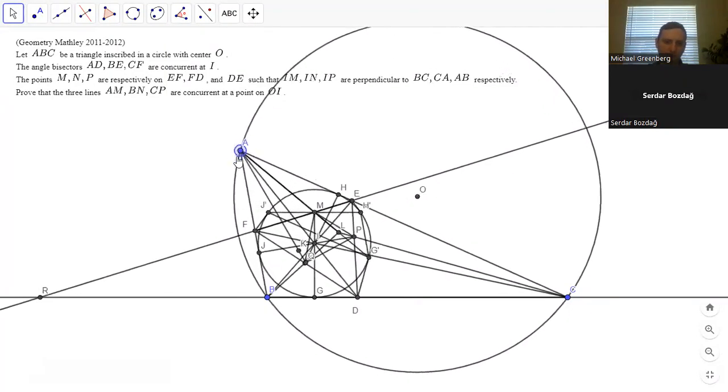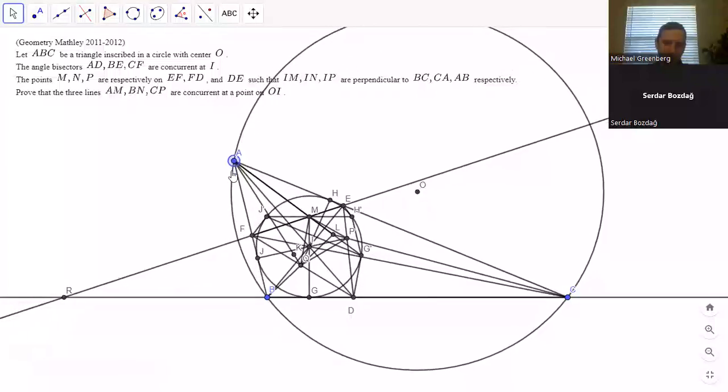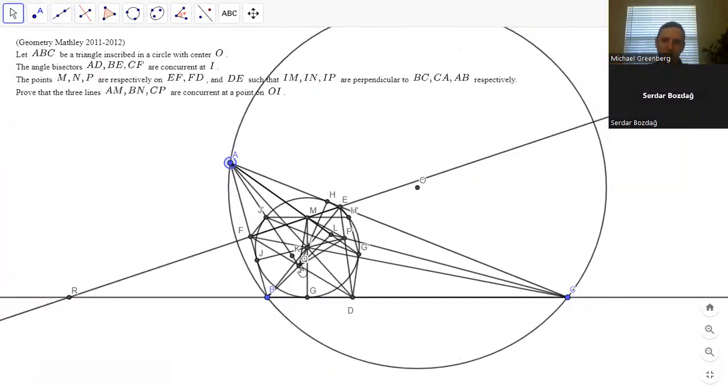Now it almost looks like Q and this are the same point, but oh well. No, I'm not sure, but maybe we can use isogonal line lemma. Yeah, if we prove that GAI equals IAM, we are done.